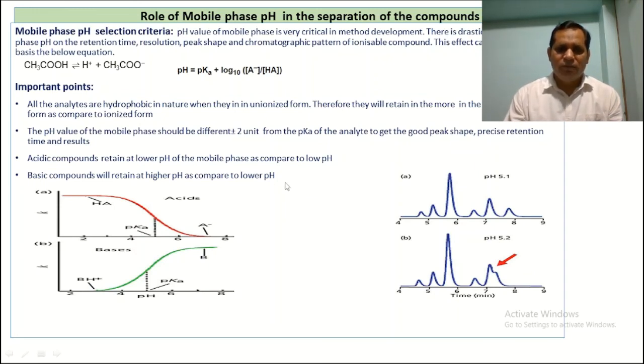Second, we have to adjust the mobile phase pH based upon the column. Different columns have different pH ranges. When you are using acidic pH, we have to see whether our column has that working range or not. So based upon the column's pH range, we have to select the mobile phase pH.